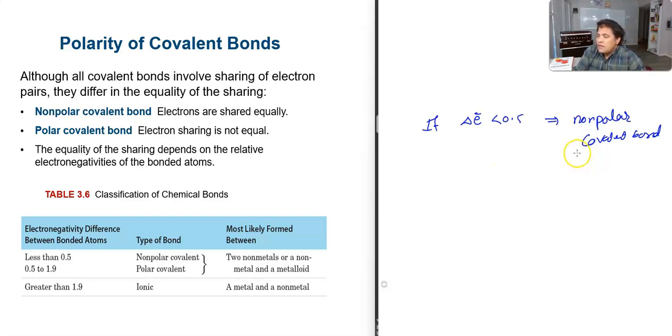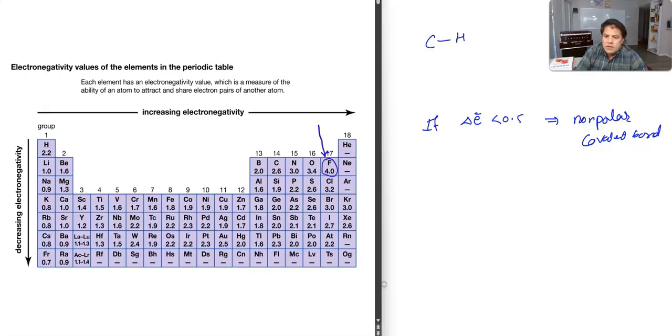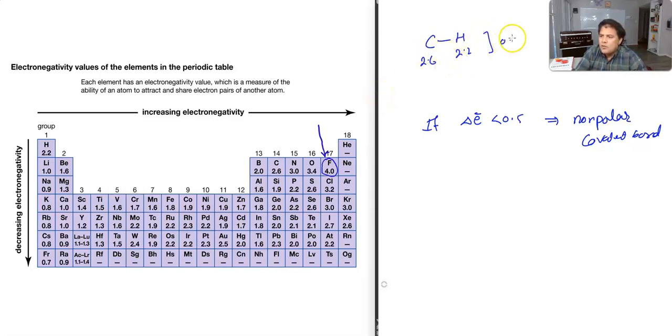For example, carbon and hydrogen, the CH bond. If you think about the CH bond, let's go to the electronegativity difference. Carbon is 2.6, okay, and hydrogen is 2.2. So you see, the difference is just 0.4, right? So it is less than 0.5. That's why this bond is not a polar covalent bond.